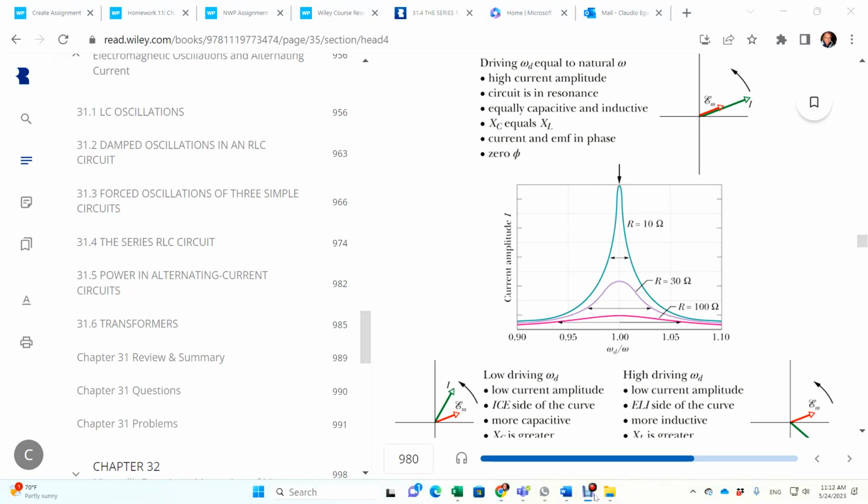This graph is just a funny way of plotting the Imax. They could have plotted Imax against omega, but they decided to plot against omega d divided by omega for a very important reason.